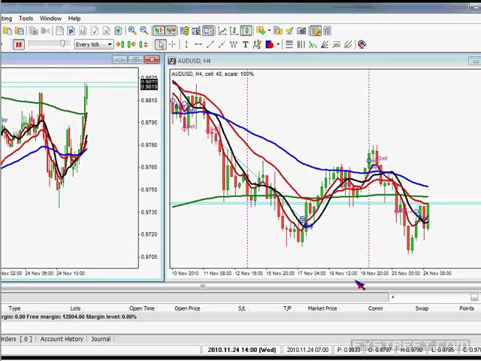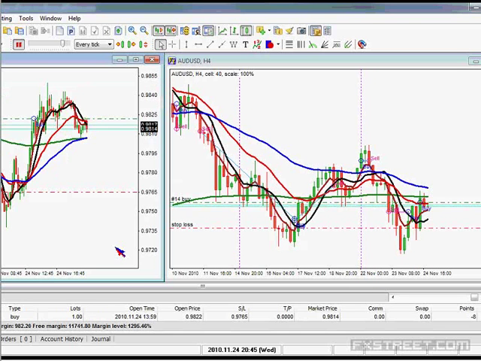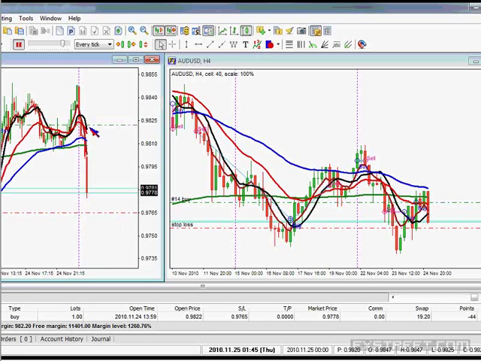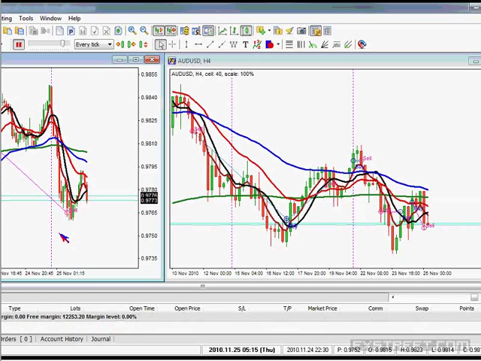So, it is what it is. Could have maybe jammed the stop there earlier. So that was not an ideal trade. But never mind.